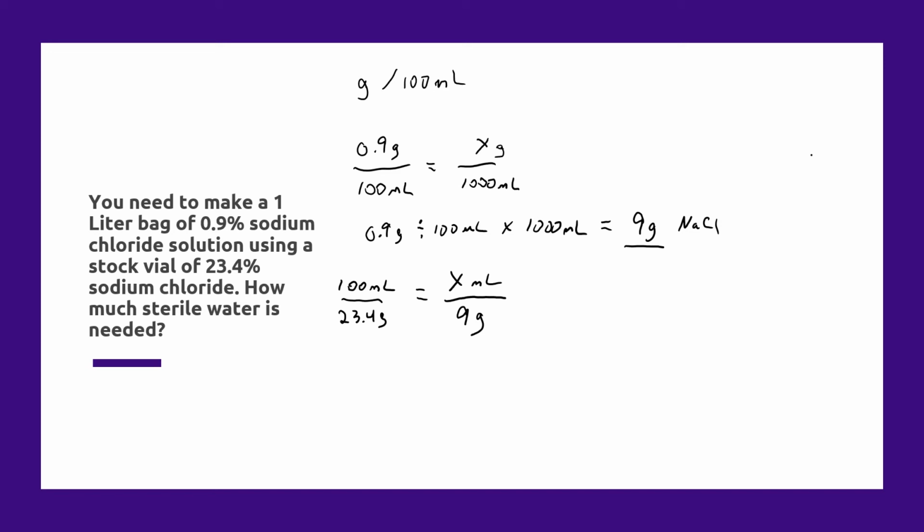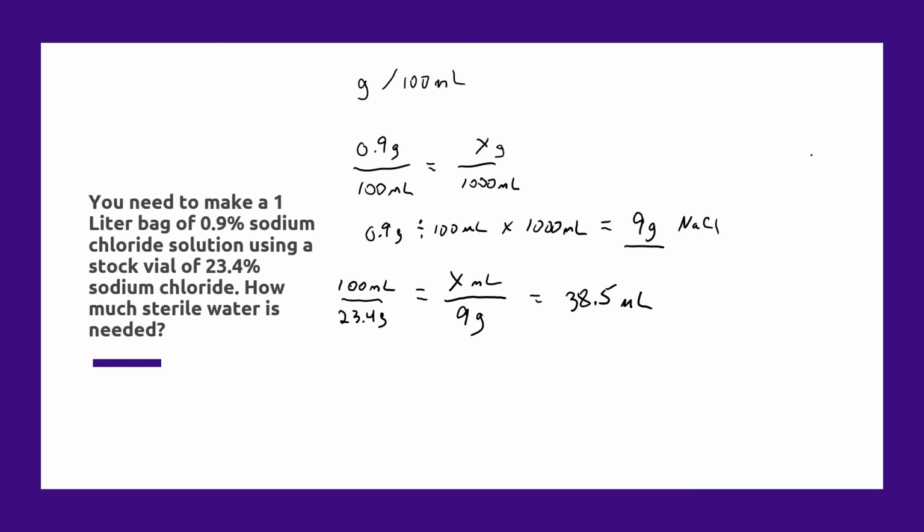So to solve this, I won't write this out again, but we'll take, and I'm going to bust out my calculator here, 100 milliliters divided by 23.4 grams multiplied by 9 grams. And that's going to give us for that X here 38, and I'm going to round this to 38.5 milliliters.